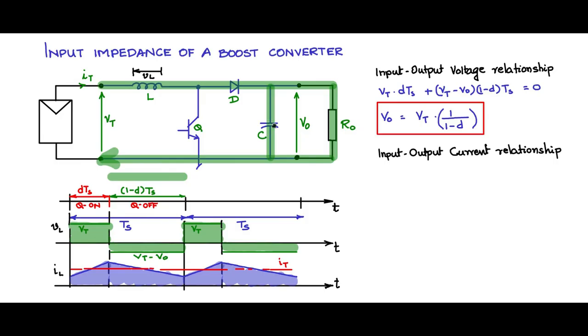Just like you have the average voltage across the inductor to be 0 every switching cycle, the average current through the capacitor has to be 0, meaning that there should not be charge buildup or charge loss in the capacitor in the steady state. So let us look at the current through the capacitance.